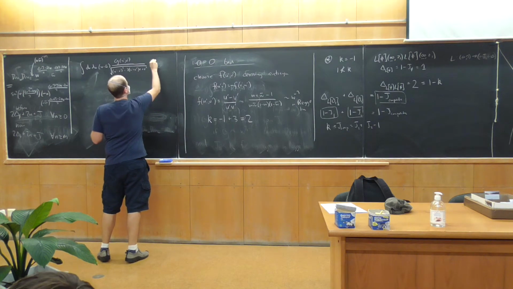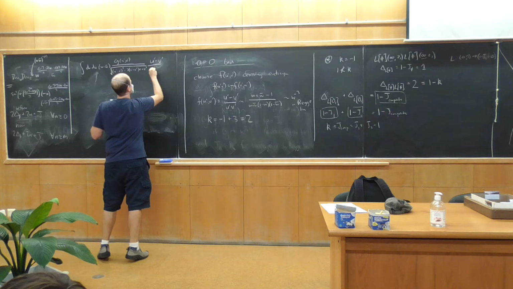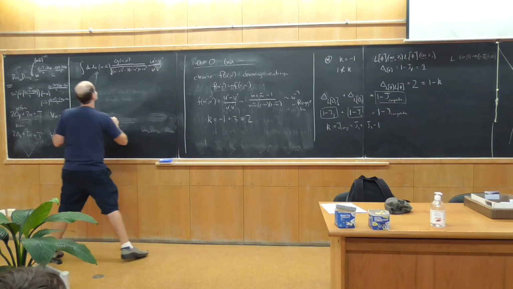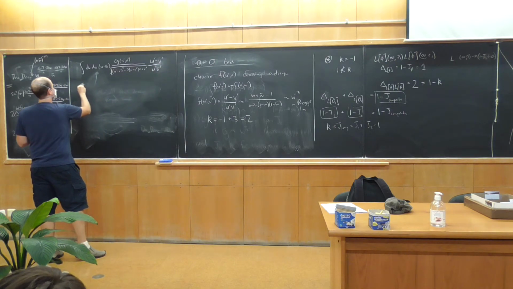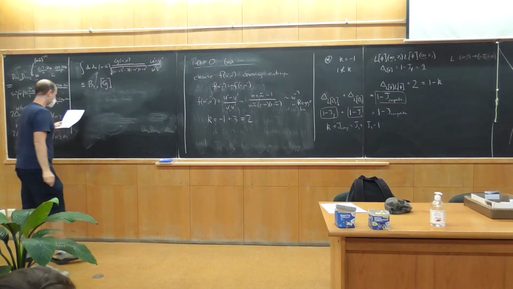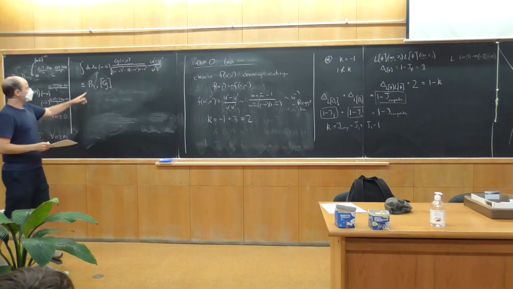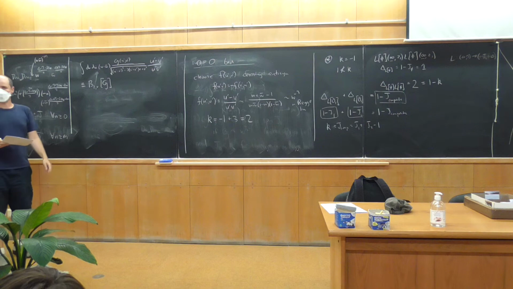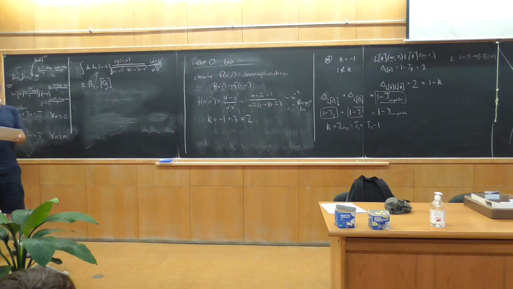We stick in this extra factor, u prime minus v prime over u prime v prime. And I'll define this to be b2v of g. Okay? The 2 is because this is a spin 2, Regge spin 2 sum.